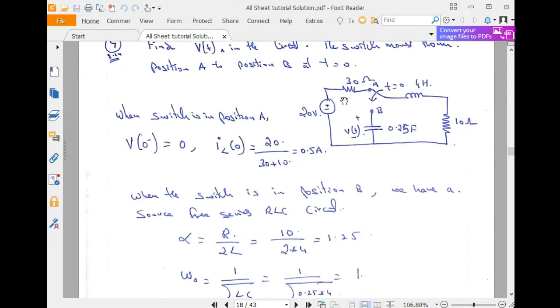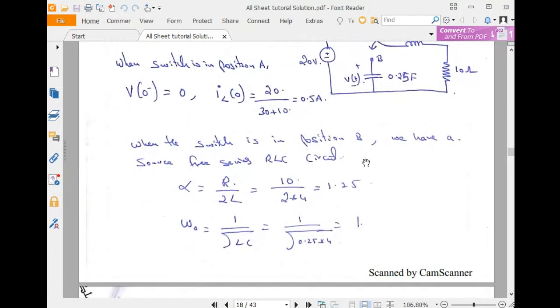The switch is connected for a long time, then inductance becomes short circuit. So the current will be V by R. V is 220 and R is 30 plus 10. IL of 0 will be 0.5 ampere. Is it clear?